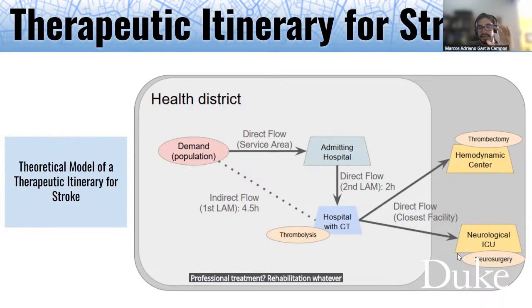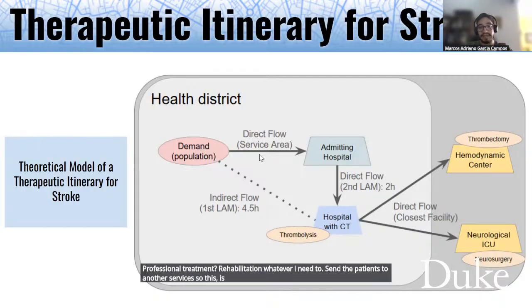I need to send the patients to other services. So this is my theoretical model, and I will be able to resolve this using network analysis.